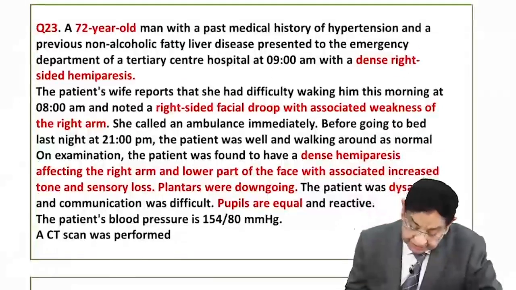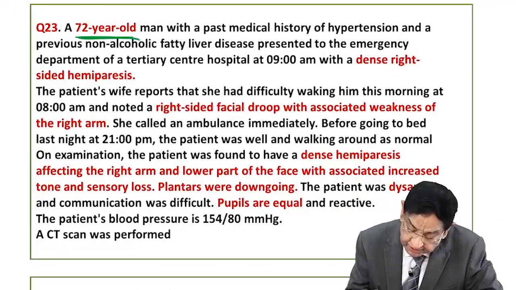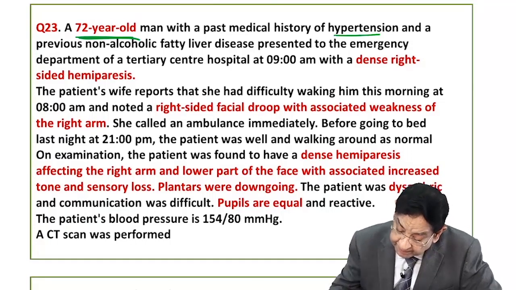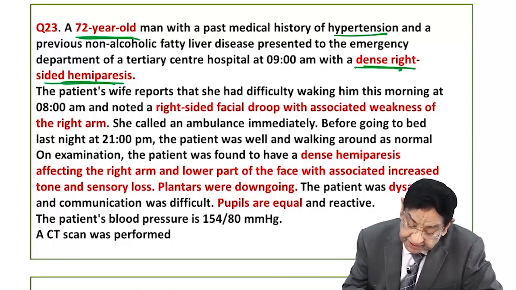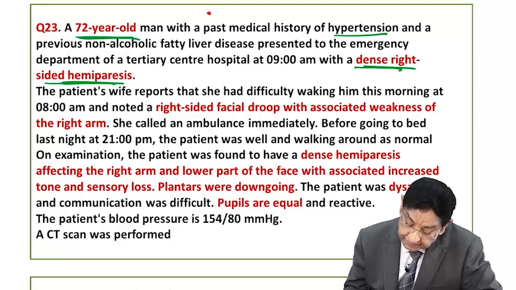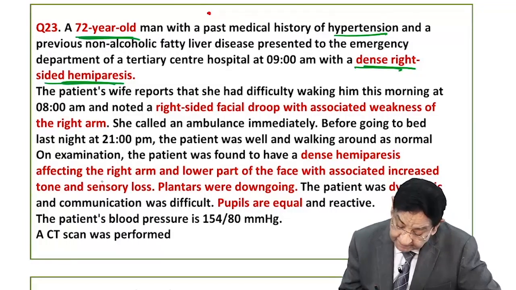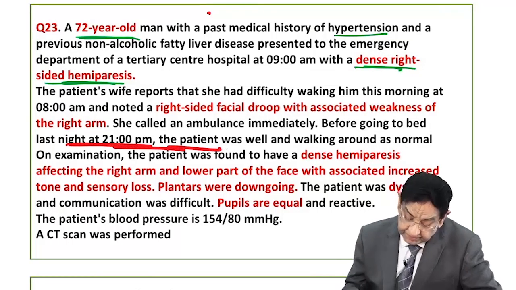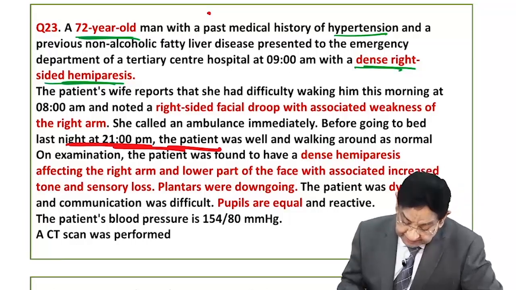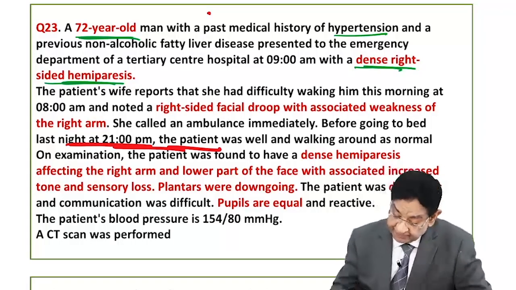Question 23. A 72-year-old man with hypertension and dense right-sided hemiplegia. At 9 p.m. he was perfectly fine.